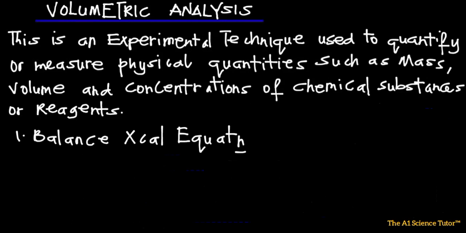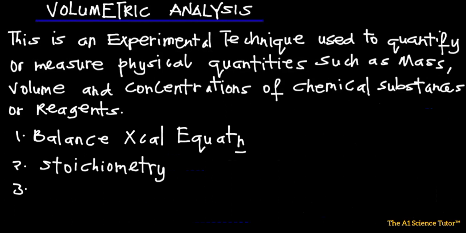Another name for volumetric analysis is titrimetry. Whichever way it's called in whichever text you're using, just know that the two words are basically the same thing. The second thing you need to be very fluent in is mathematical aptitude in stoichiometry. We're going to work a lot of stoichiometric practice problems here. So you just need to hold that.